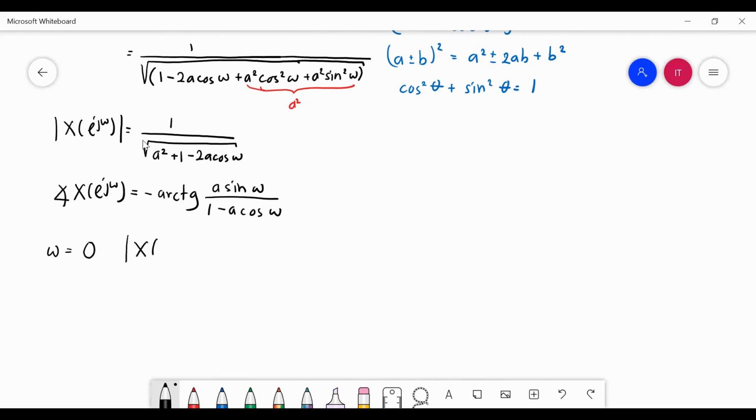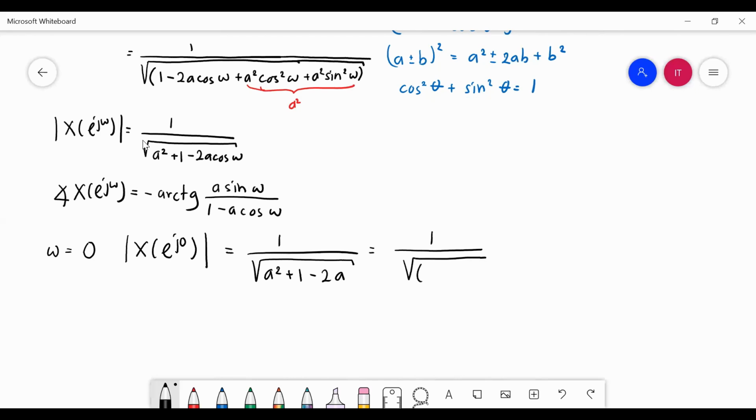So the magnitude when omega is 0: cos 0 is 1, and therefore we can put this. And using the equation here, we know that this is equal to (a minus 1) squared, and therefore we can even simplify it as something like this.